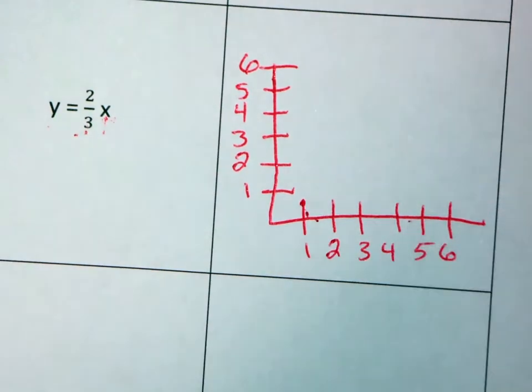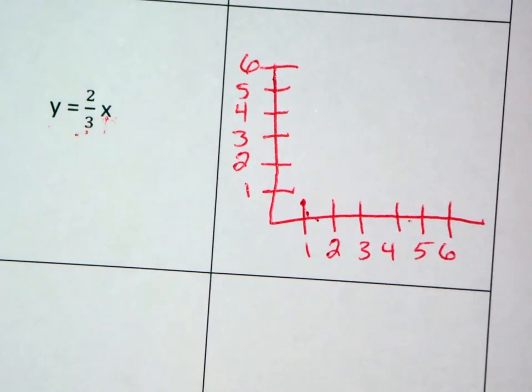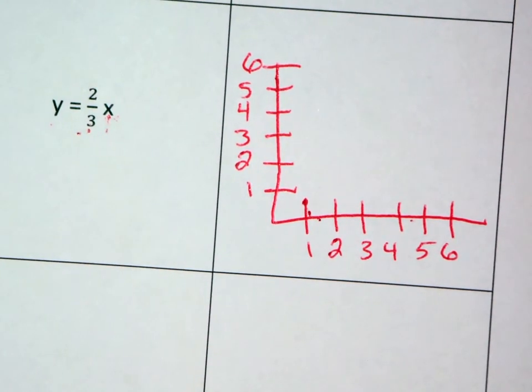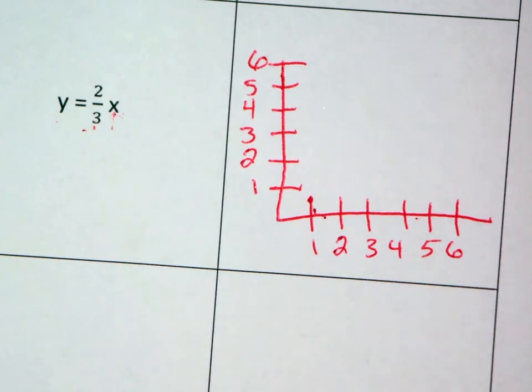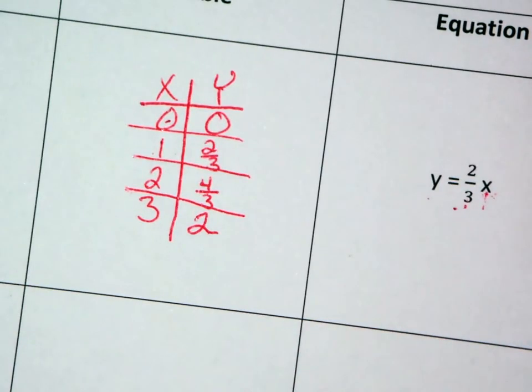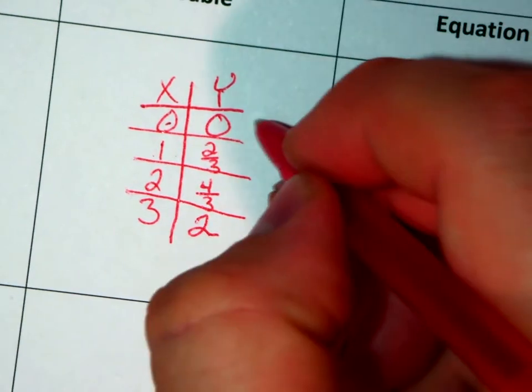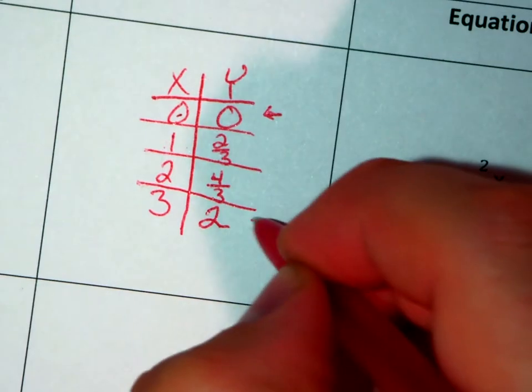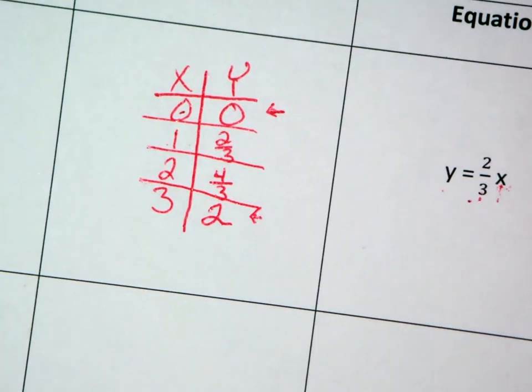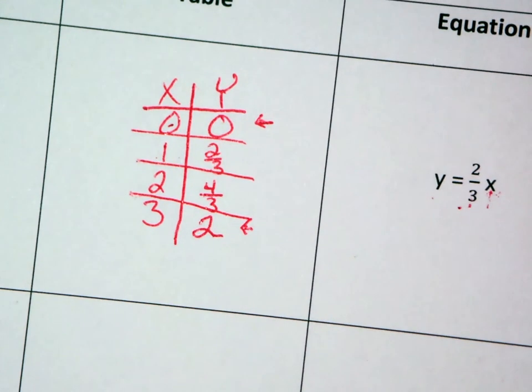Try to keep your spacing between each dash mark somewhat consistent so that your graph does look proportional when you're finally done with it. So, what we need to graph, well, I need 2 points. So if I look back at my data points, 0, 0 is going to be very easy to graph because that's the origin. And 3, 2 is going to be very easy to graph because those are whole numbers and they will be very easy to identify where their location is on the graph that uses the hash marks.